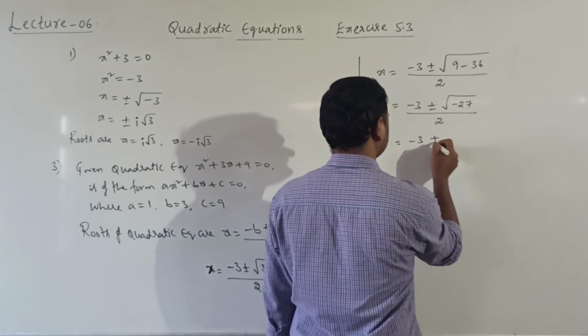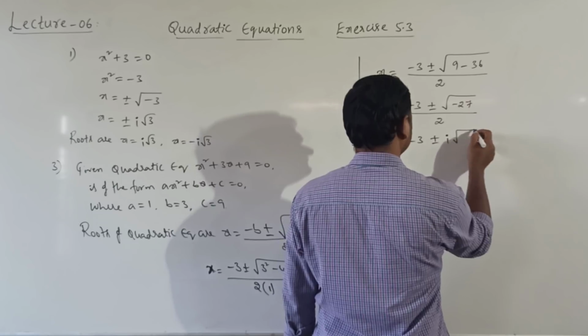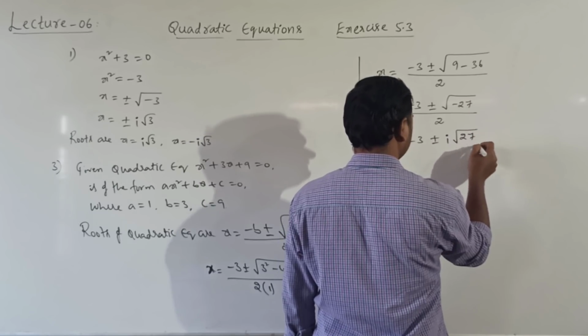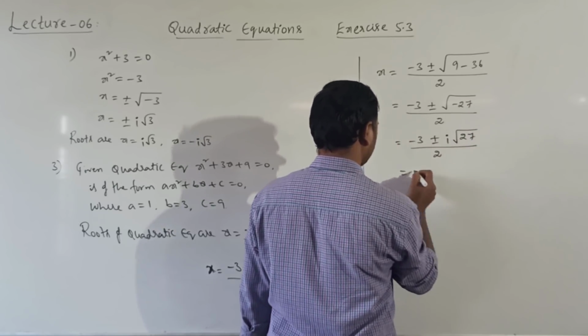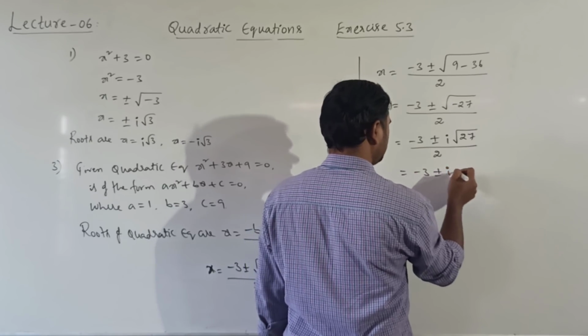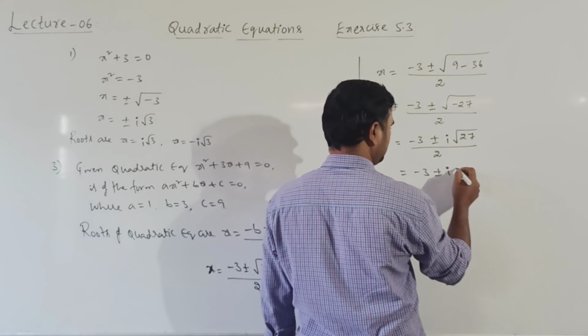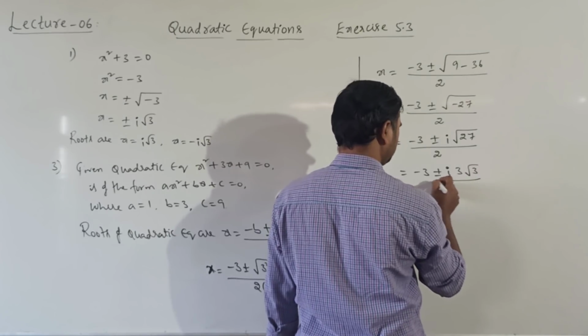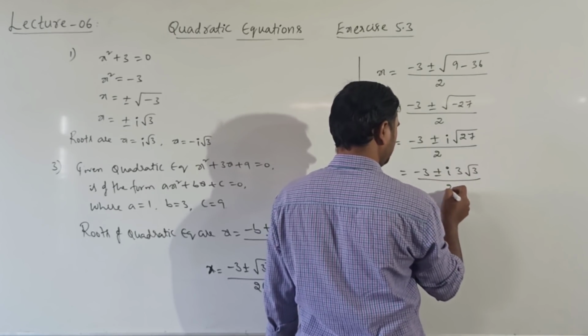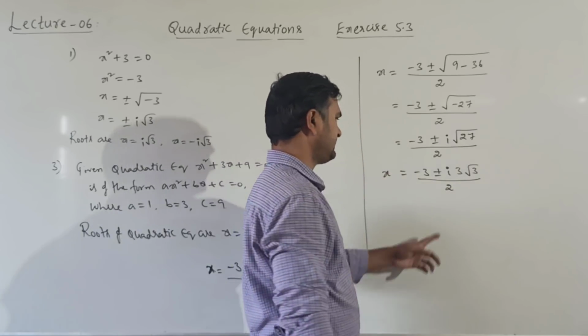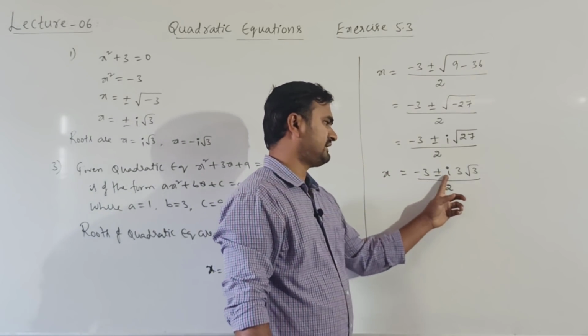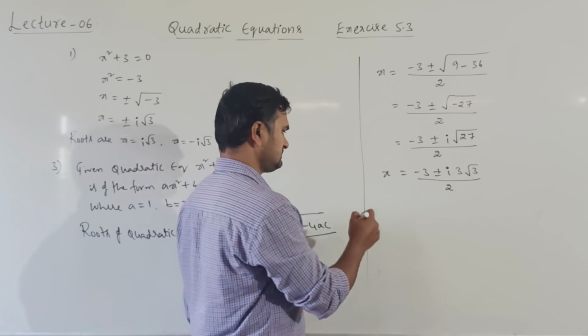So minus 3 plus or minus, I can write as i root 27, divided by 2. What is root 27? I can write 3 root 3, divided by 2. So by taking plus we get one root, by taking minus we get the other root.